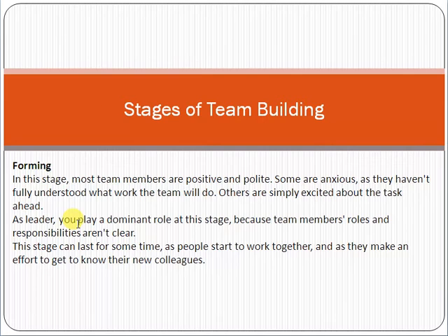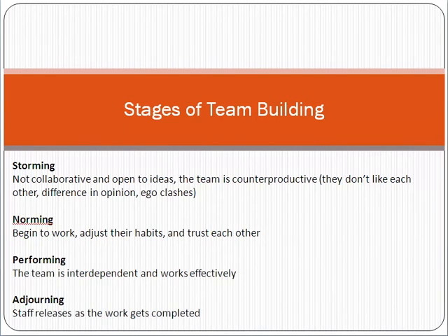They don't know about each other, their style of working, the project, or the pressure which they will face. So it's a very early stage of a project which is called forming. Forming means things are forming, the team is forming. Then the next stage is storming.